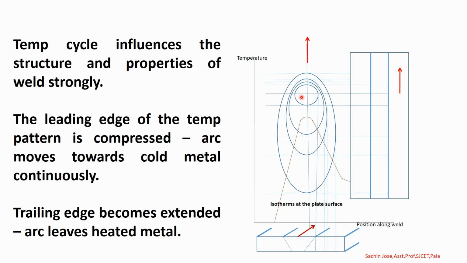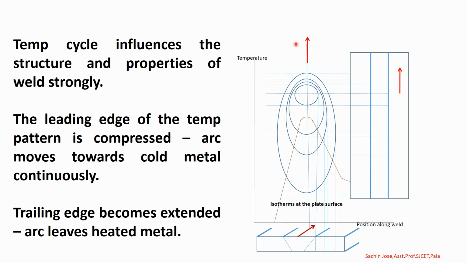Okay. So this is the temperature isotherm in the temperature position graph. Right here, the temperature reaches the maximum at the weld pool. Okay, and when the metal cools down, you can see the temperature dropping down. So the leading edge of the temperature pattern is compressed. Okay, the arc moves towards cold metal continuously.